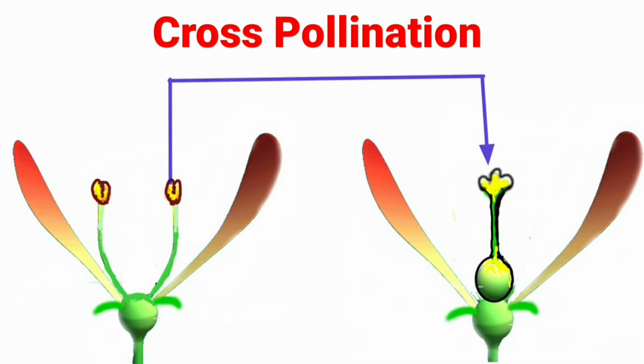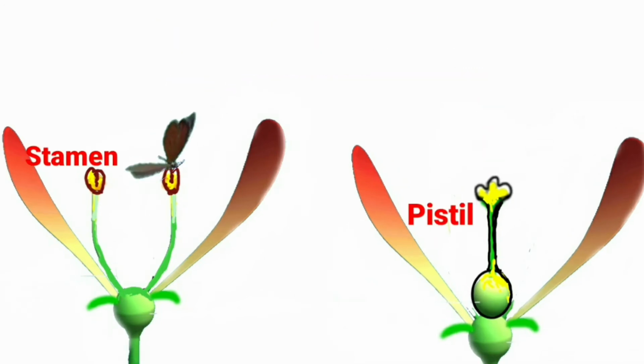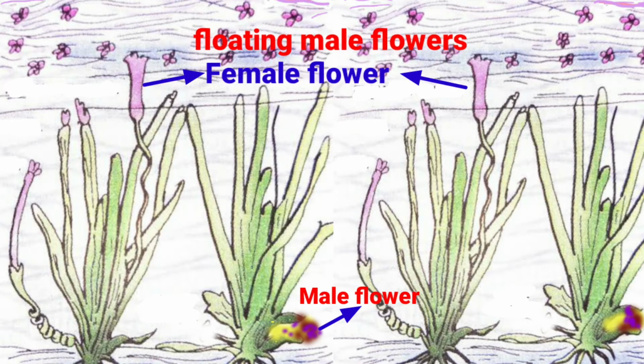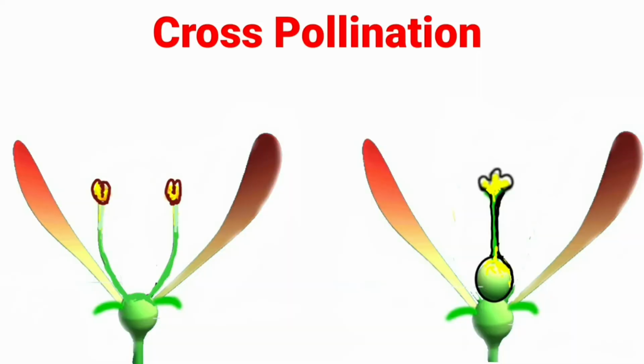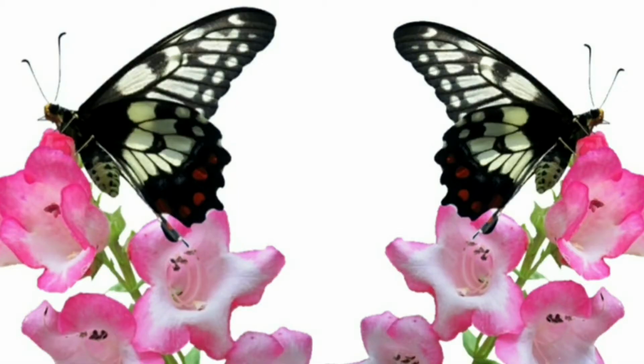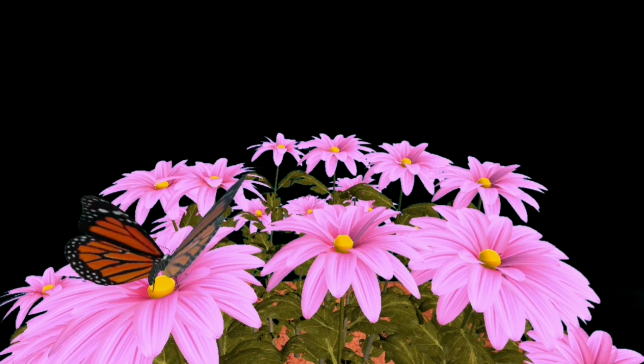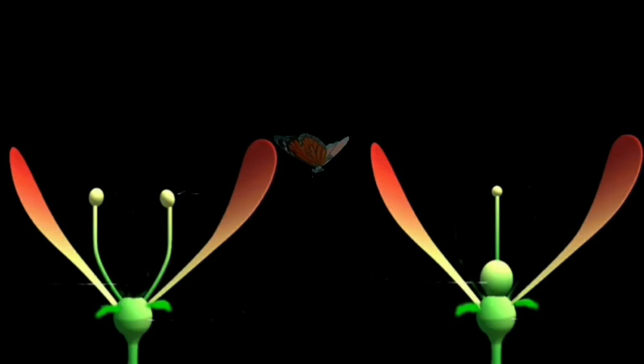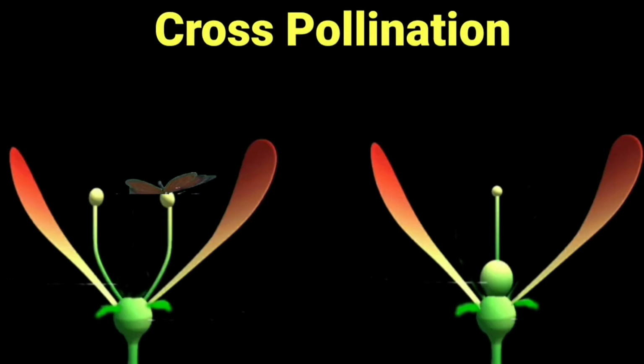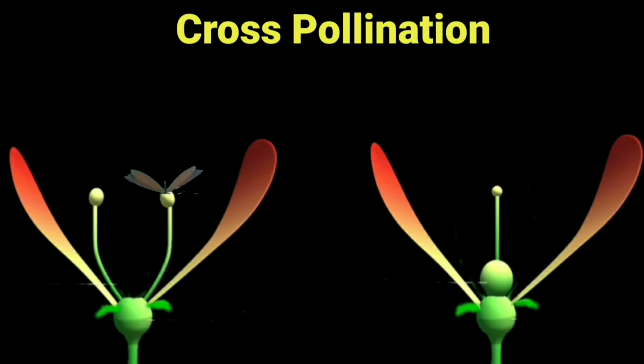Cross-pollination often involves various external agencies to carry pollen grains from one flower to another one. These agencies may be air, water, insects, or animals. Most flowers are pollinated by insects. When an insect visits a flower, the pollen grains get deposited on the body of the insect.